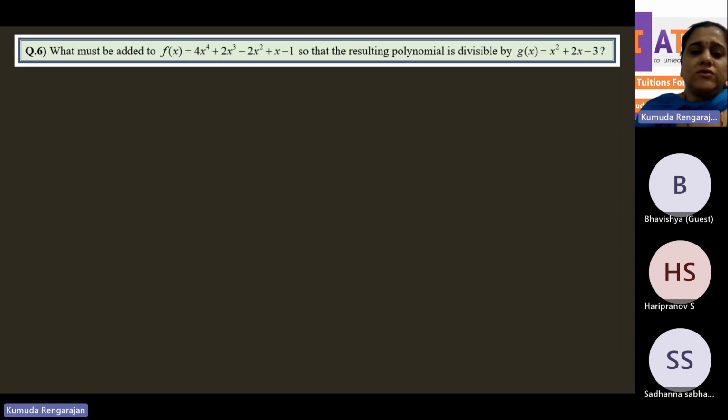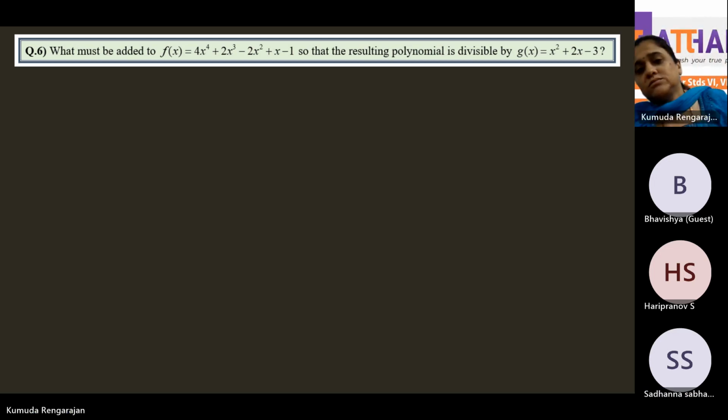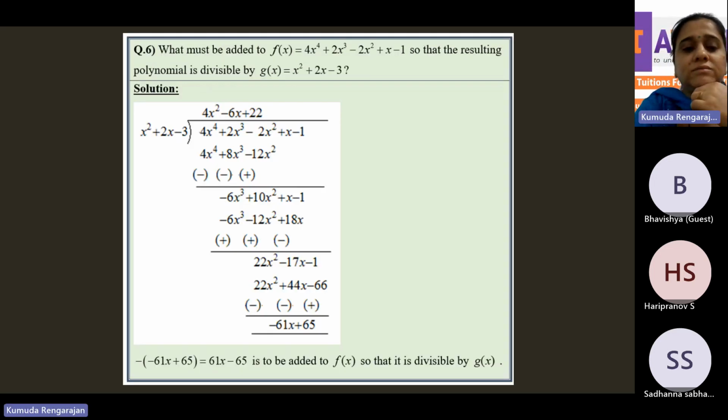So this long division is what all of you are saying is not taught in your school, right? Sabarna, Sadhana, have you learned long division in school? In polynomials? No, ma'am. Hari? Yes, miss. This kind of division, have you learned in school, Hari?